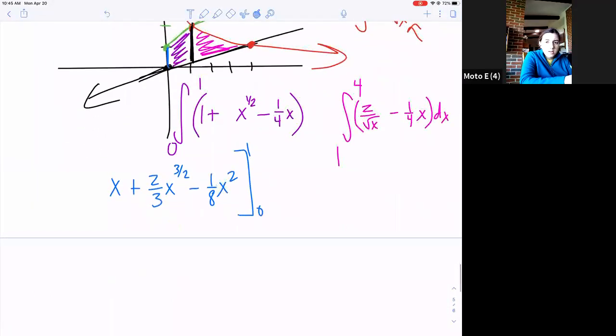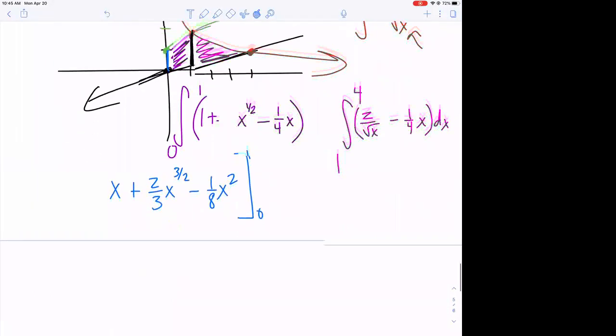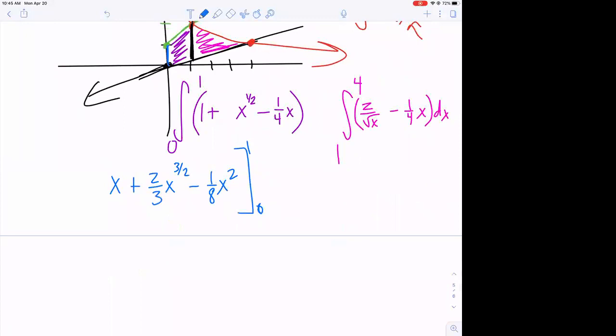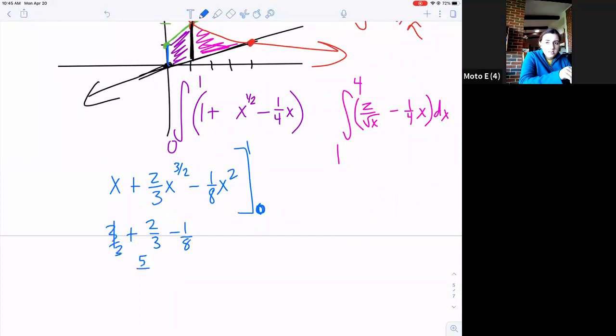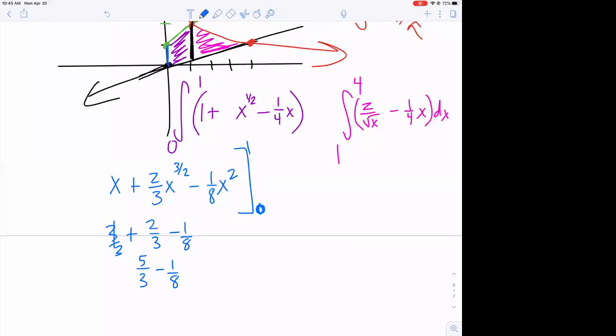And then plugging in 0 is awesome, again, so we don't have to worry about that. But plugging in 1 is 1 plus 2/3 minus an 1/8. We can clean that up, but I think things cancel once you start adding the other integral. Sweet, I'll leave it at 5/3 minus an 1/8.